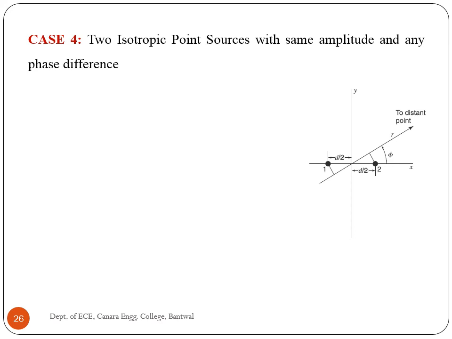Case 4. Two isotropic point sources with same amplitude and any phase difference.